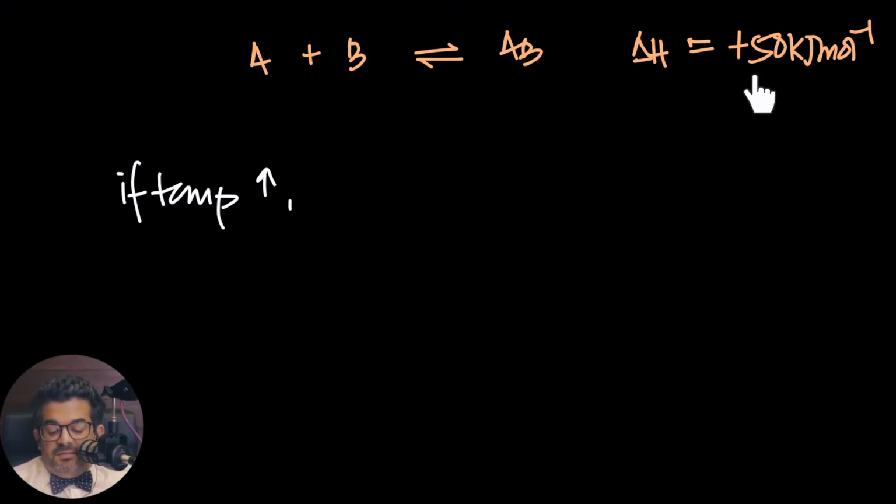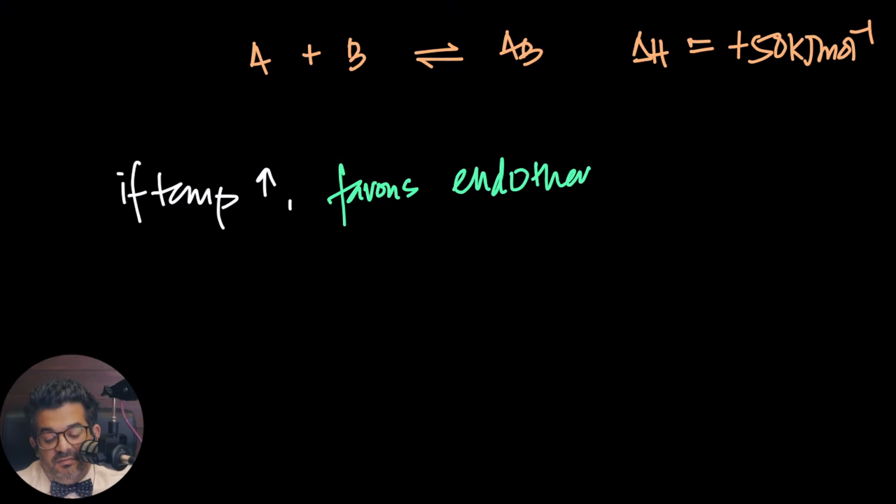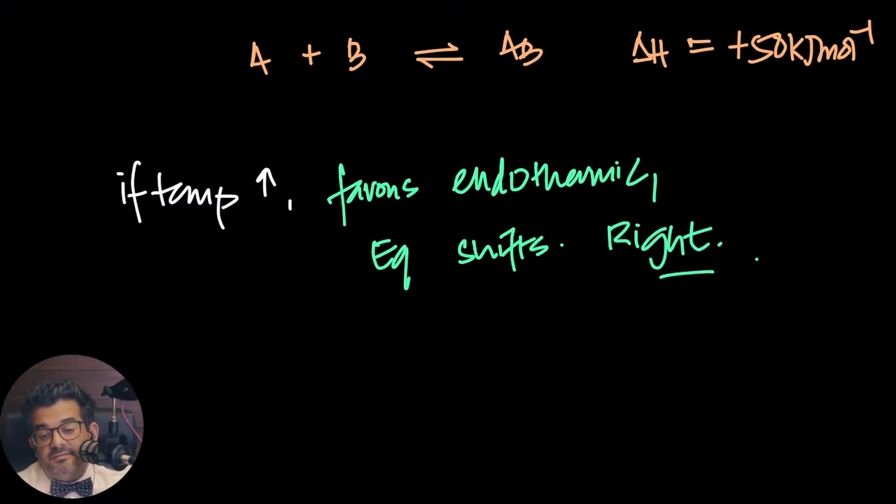So if A and B become AB and as forward is endo, and now I want to increase temperature, so increasing temperature favors what? Favors decreasing temperature, favors that is endothermic. In this case, that is where, so the equilibrium shifts where? Right, because the forward is endo, Arisha. The forward is endo, not the backward.